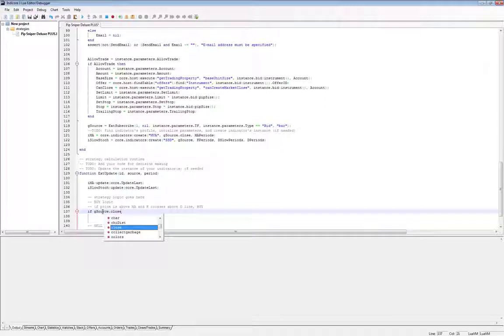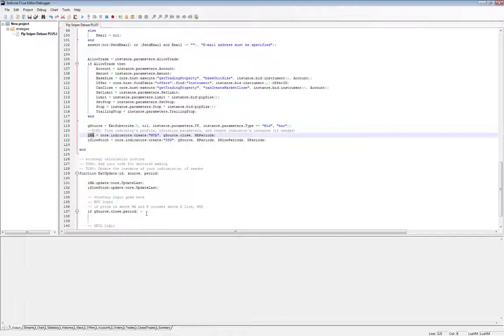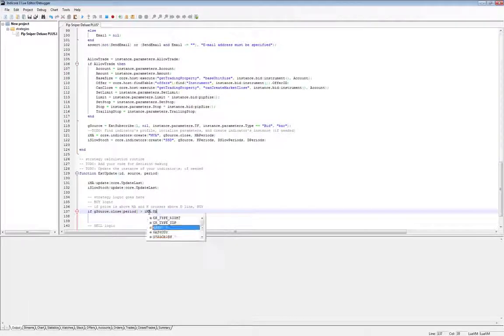So gsource.close for the current period, which is the most recently closed candle. And we want to check to make sure it's above the moving average, so greater than the moving average. The moving average indicator stream we named IMA. So IMA, we're looking for the data for that indicator for the most recent period.